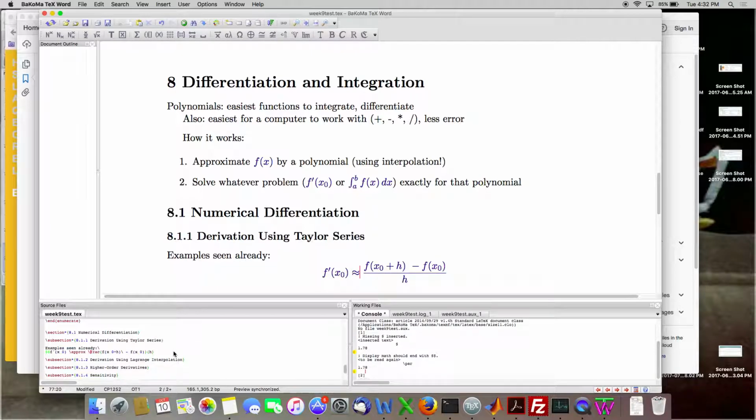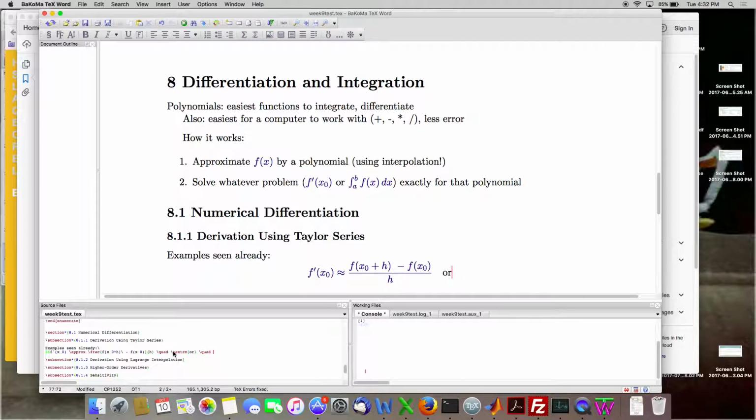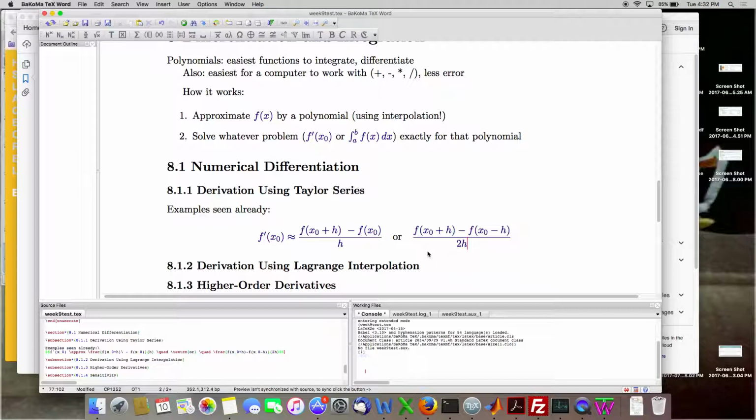So we saw this. This was in exploration like 2.13 or something like that. Oh, no, 2.1 is where it was. Another one was using f of x naught plus h minus f of x naught minus h over 2h.